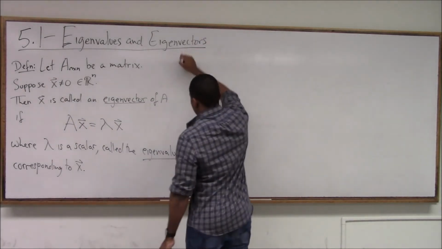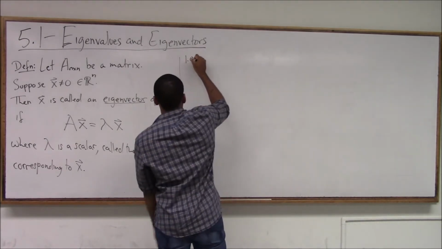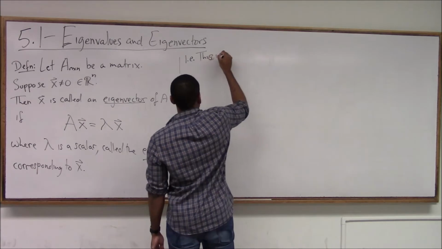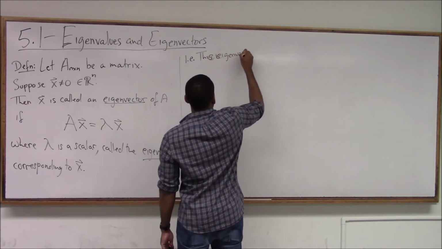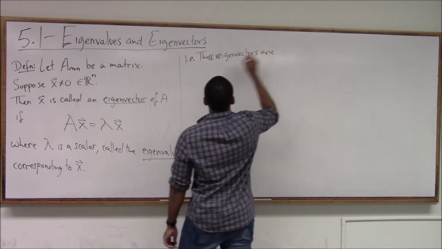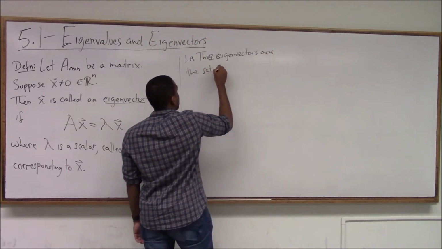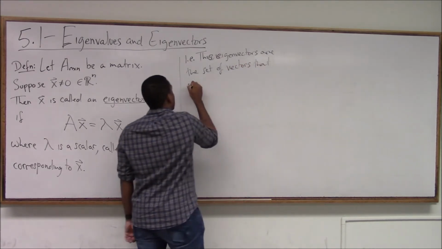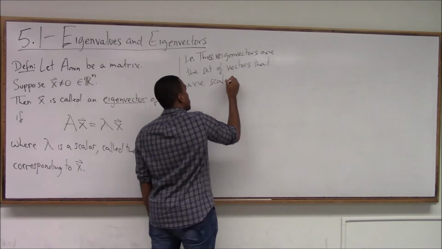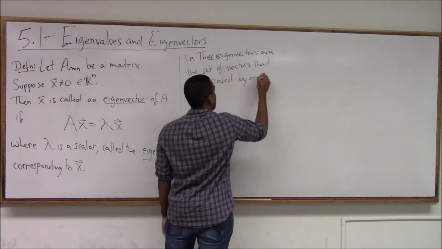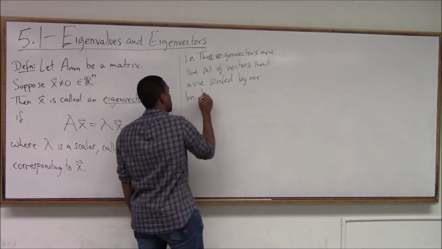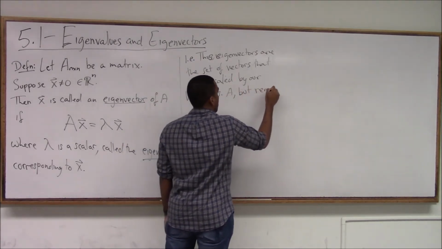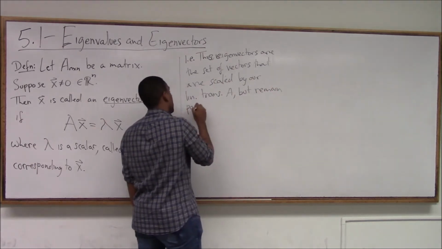Okay. So in other words, what does that mean? I.e., eigenvectors are the set of vectors that are scaled by our linear transformation but remain parallel.